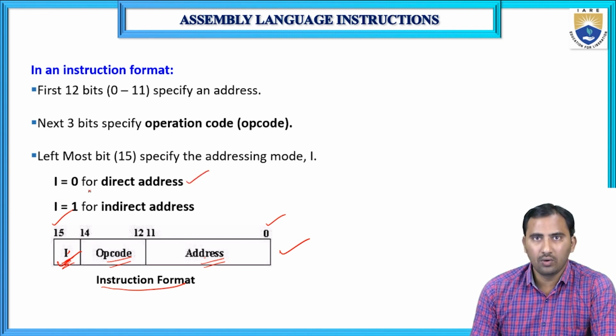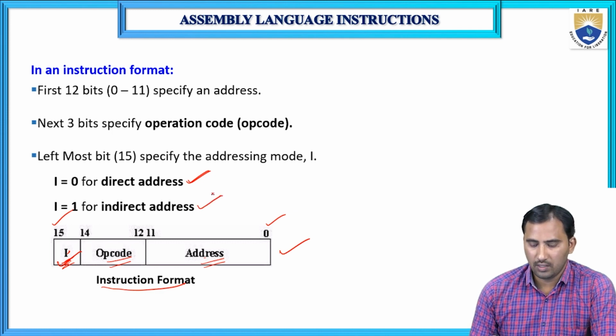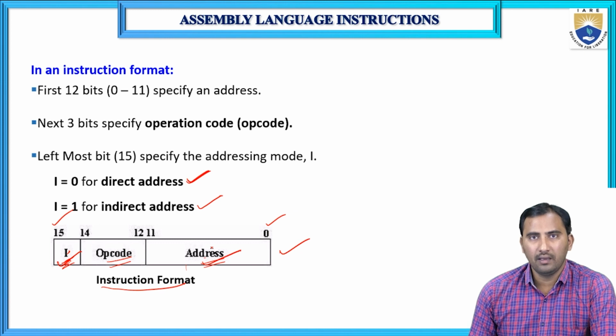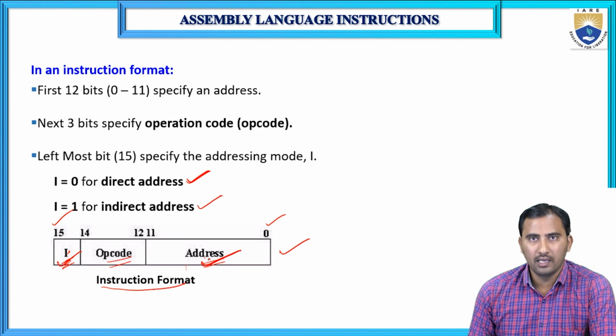If I is equal to 0, the instruction is using a direct address, and if I is equal to 1, then the instruction has an indirect address. Direct address means the address of the operand is given directly in the instruction. So the CPU simply goes to the memory address specified in the instruction format, and then it can access the operand directly.